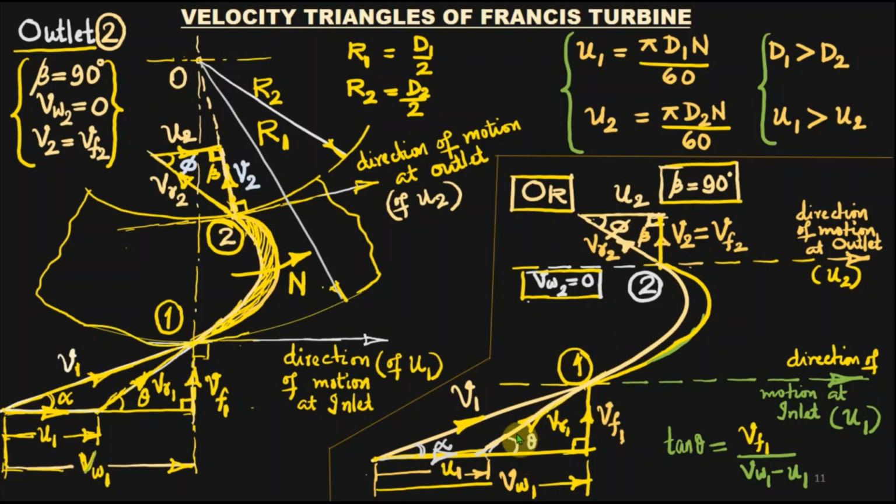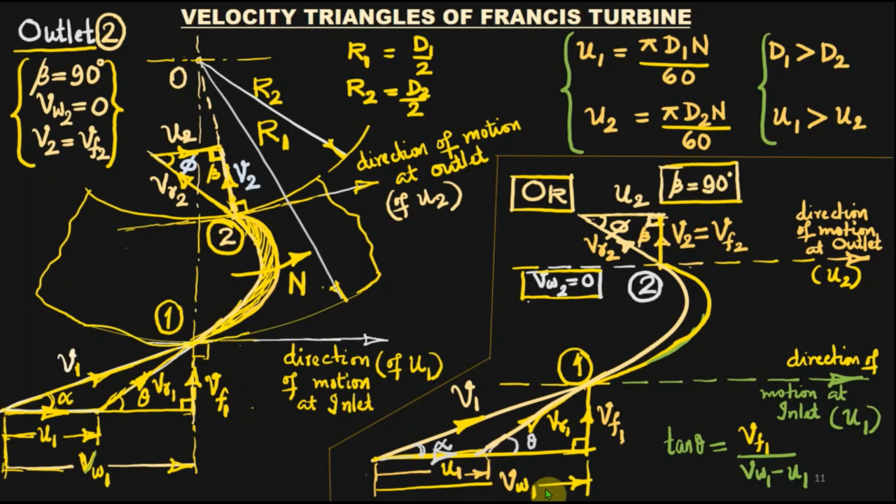Vane angle at inlet theta can be found out from the inlet velocity triangle, that is this opposite side VF1 divided by this adjacent side, that is VW1 minus U1. So tan theta is equal to VF1 by VW1 minus U1. This trigonometric relation can be used to find out theta for solving numerical problems.